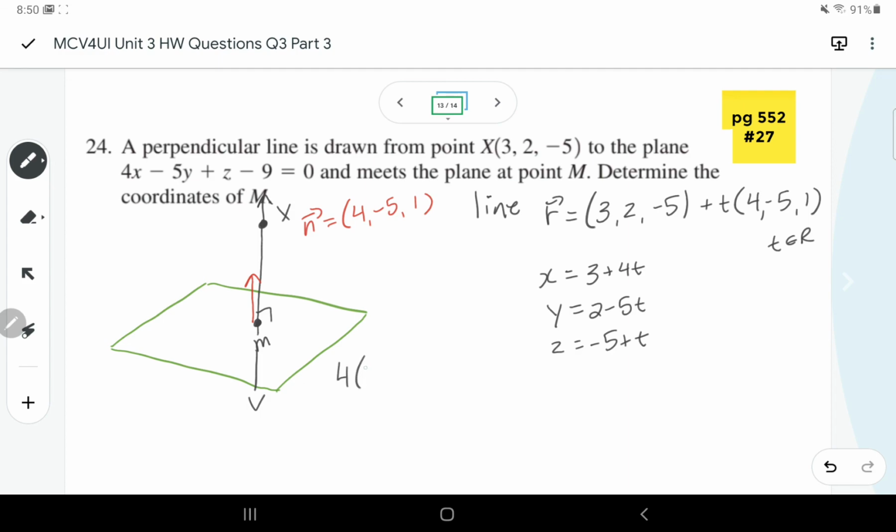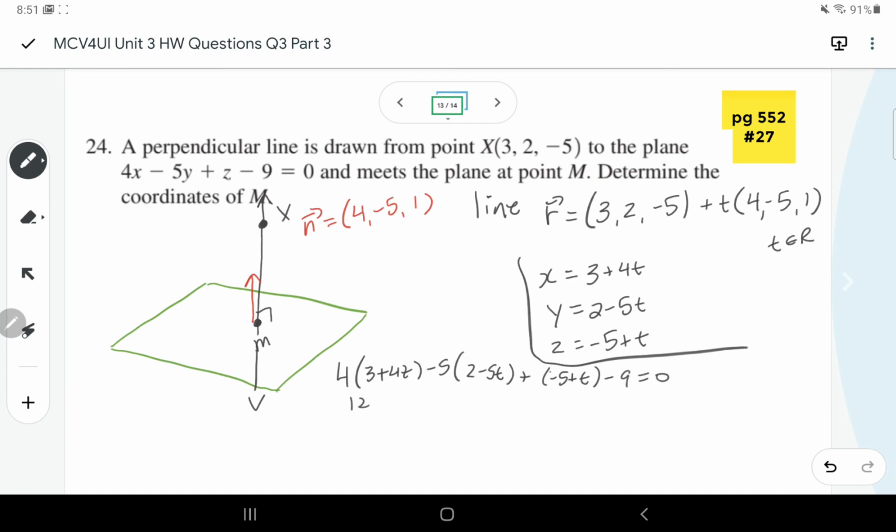So 4 times 3 plus 4t, minus 5 times 2 minus 5t, plus negative 5 plus t, minus 9 equals 0. I should not have written that right smack dab in the middle, but that's okay, we'll squeeze it in.